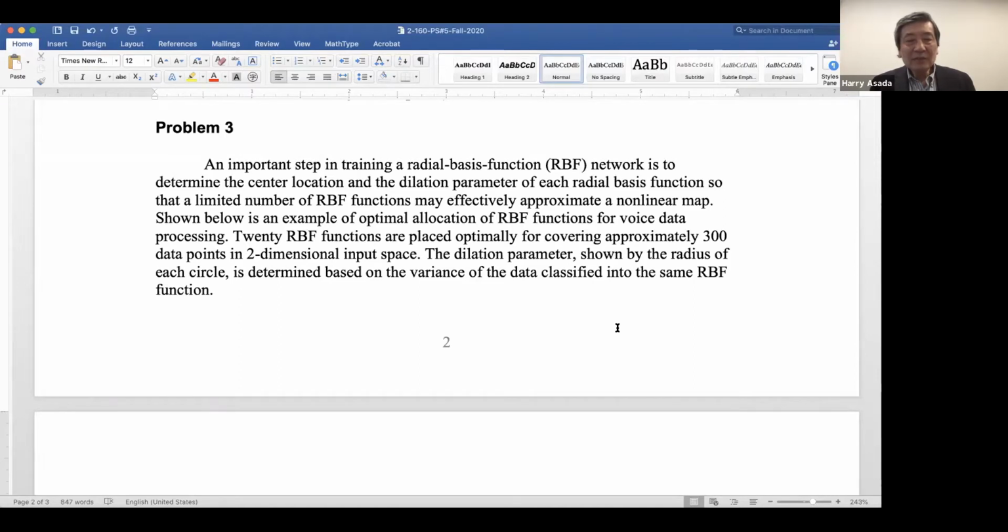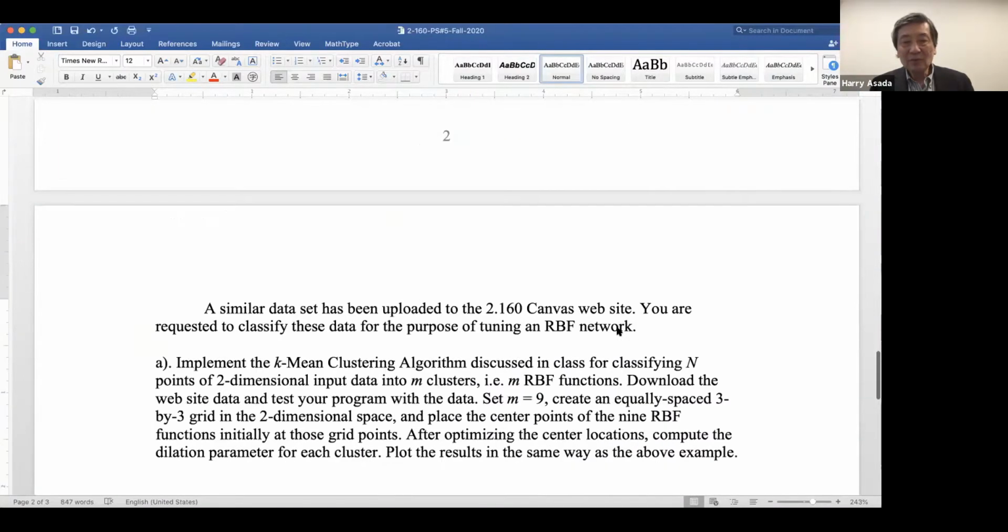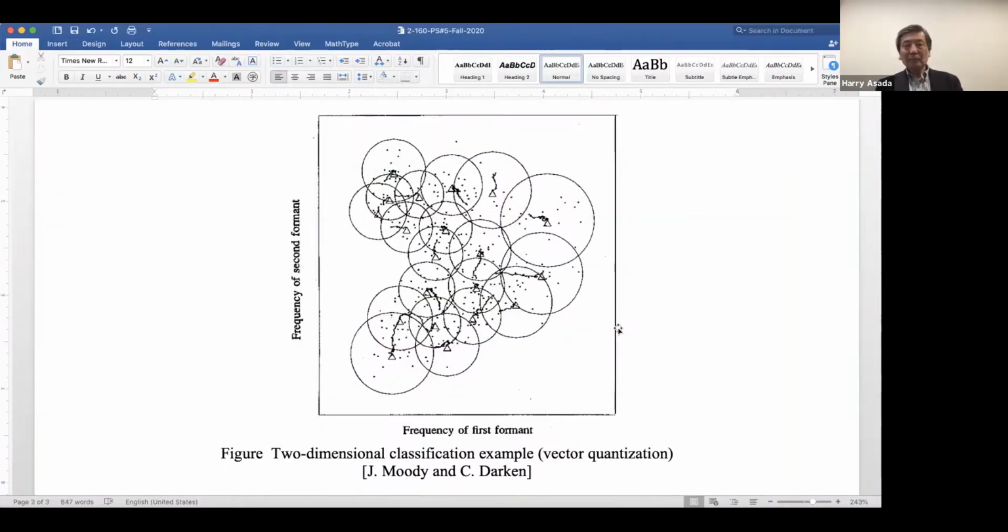So yeah, this is a problem of voice recognition with 300 data points in a 2-dimensional input space. This is one particular example. The little dots are data points, and there are 300 points in it. And these triangles are the initial locations of center points where radial basis functions are to be placed.